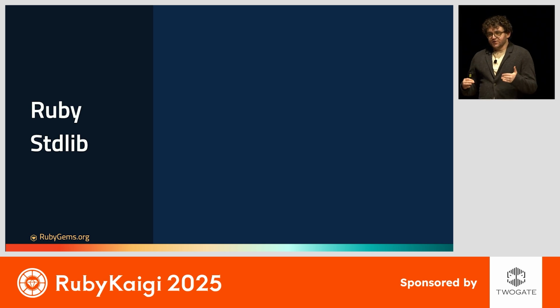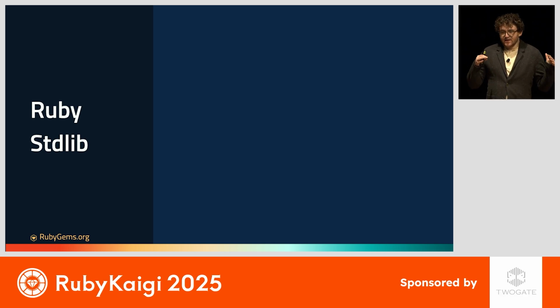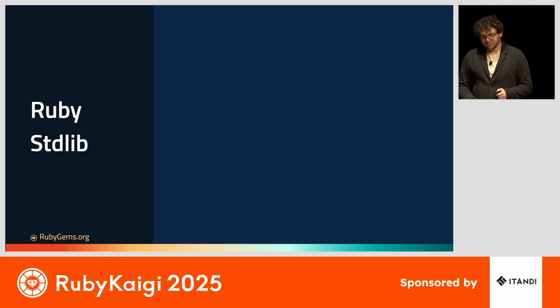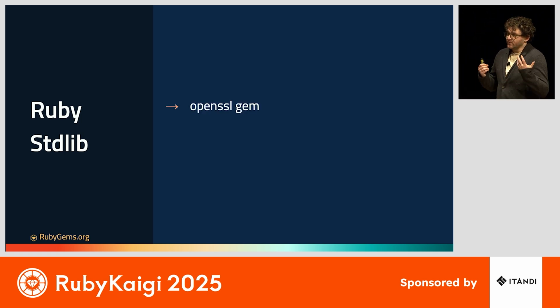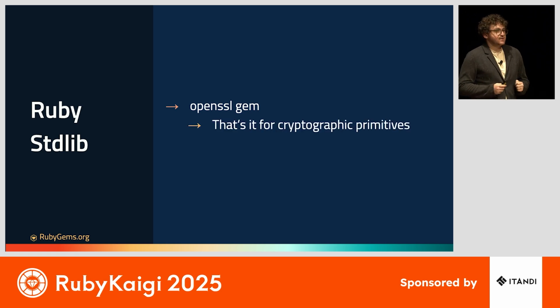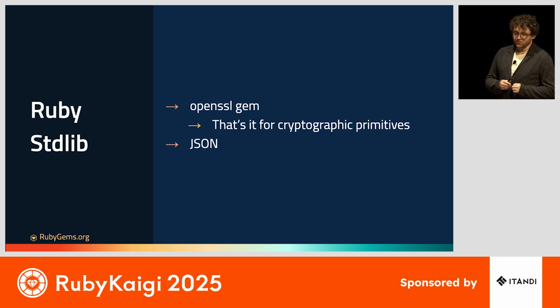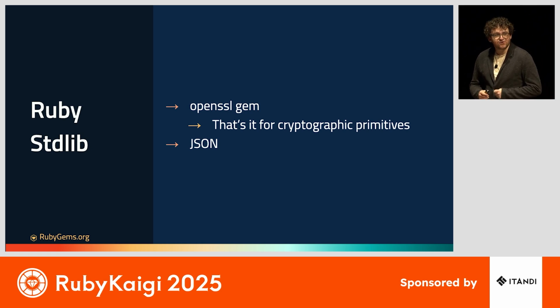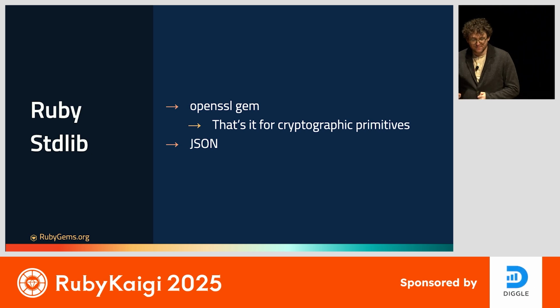So that means no dependencies that can't be vendored, which means plain Ruby code. So what do we have available? We have the OpenSSL gem. That's about it for cryptographic primitives. We have the JSON module. That was everything that the standard library gave me that I needed.